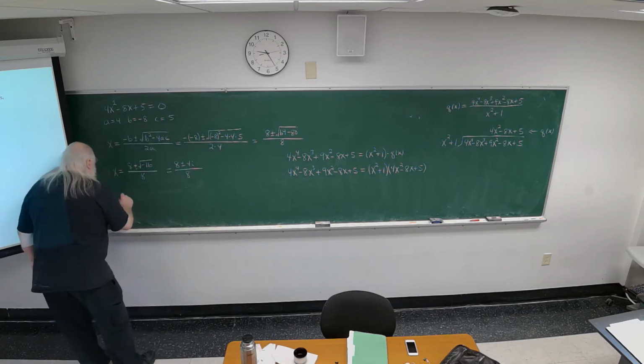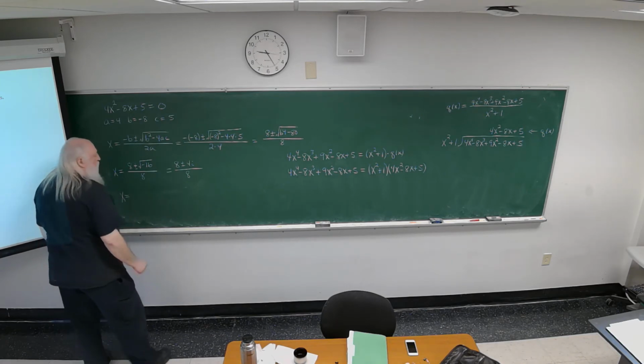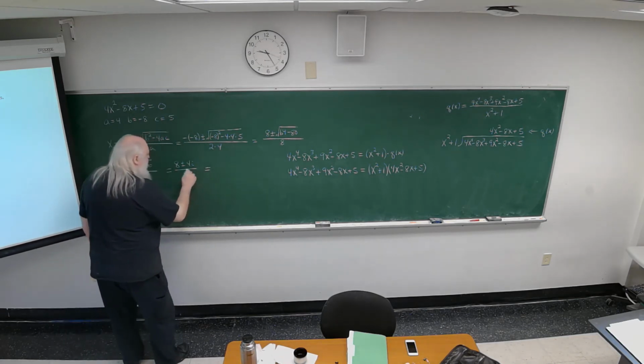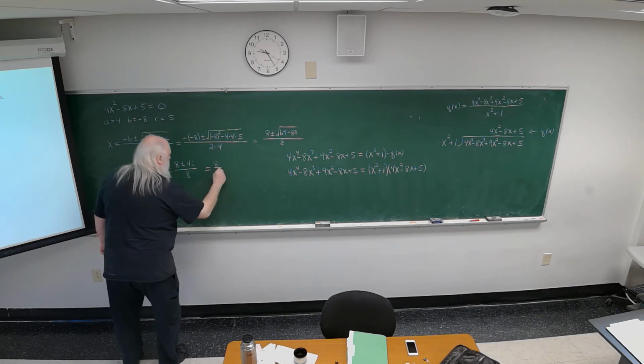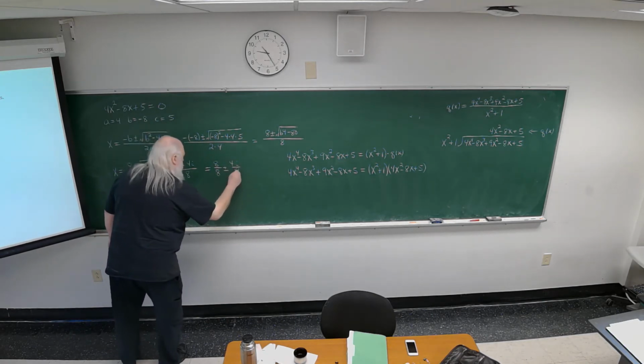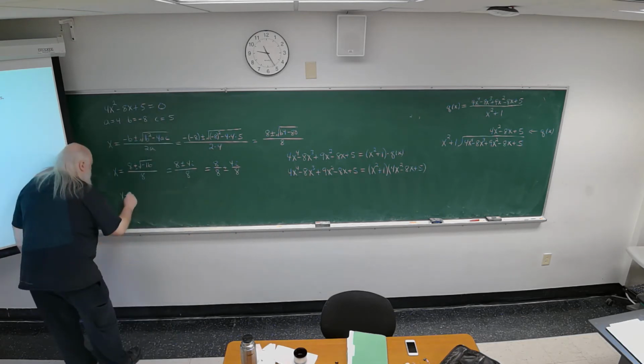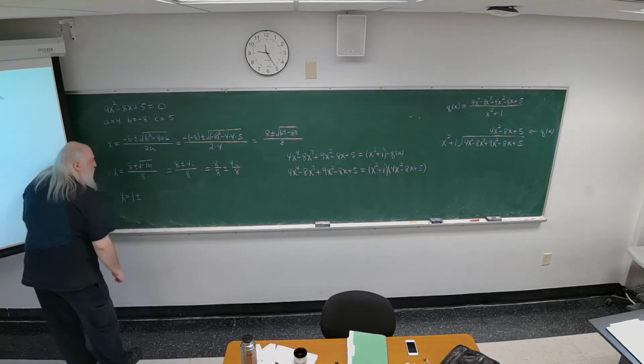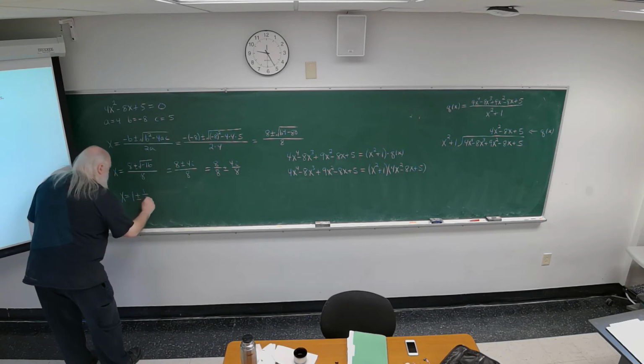So we have x is equal to, remember you have to divide each of these terms in the numerator by 8. And so we get x is equal to 1 plus or minus 1/2 i.